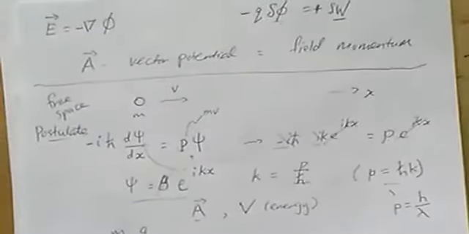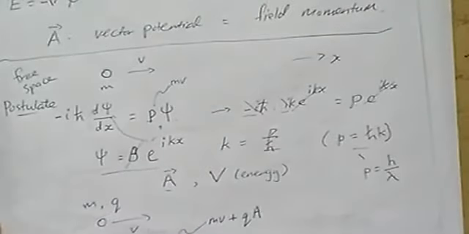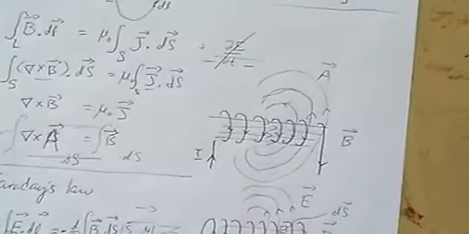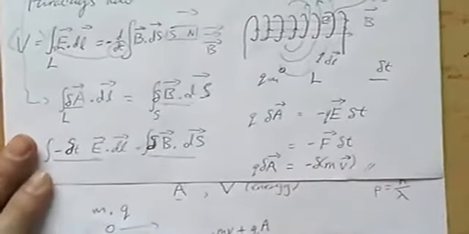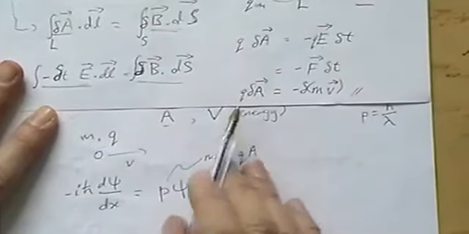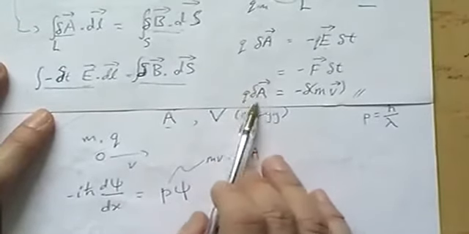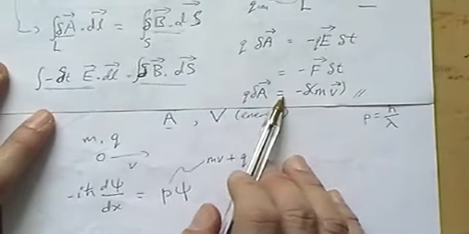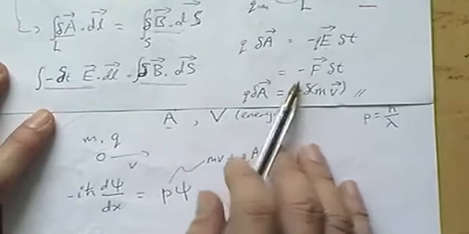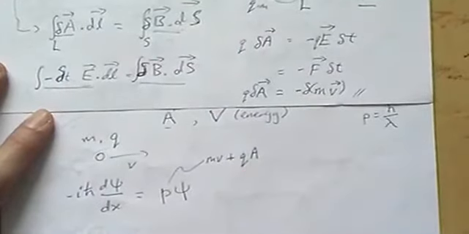If you remember, that's what I obtained just now. That's the part where I showed that q times the change in A gives a corresponding change in momentum of the particle.